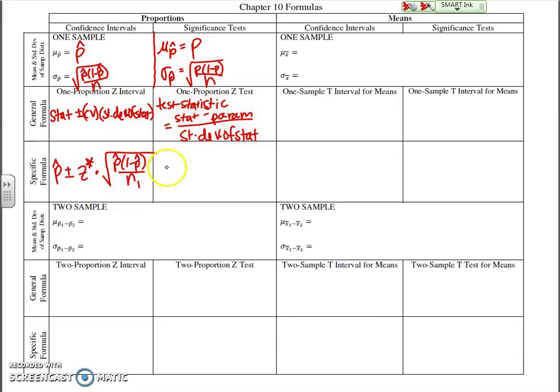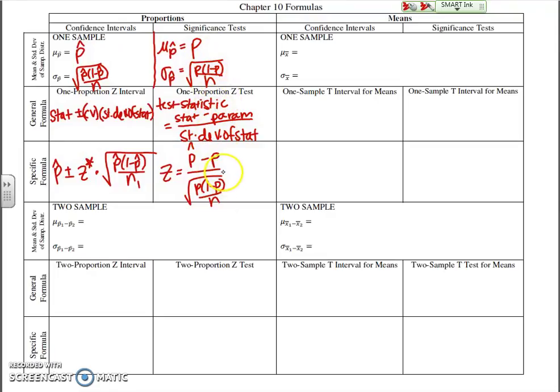The test statistic on a proportion is always a z. That's equal to the statistic p-hat minus the parameter p divided by the standard deviation of the statistic, the square root of p times 1 minus p over n. Okay? So this is what's going to help you find the z-score in a significance test when it's a 1 proportion z test. Now, this is all last chapter stuff, okay?